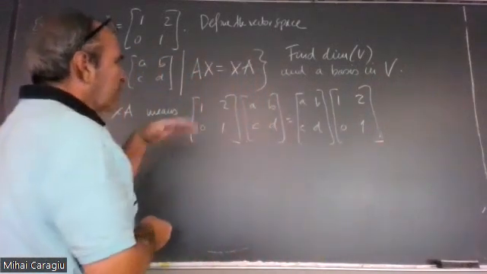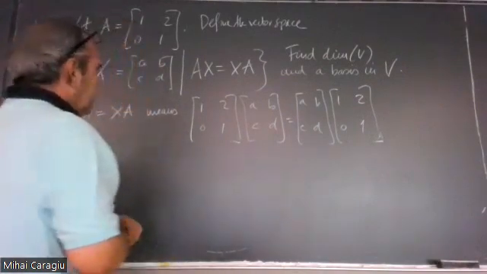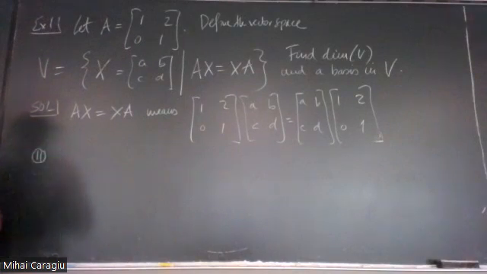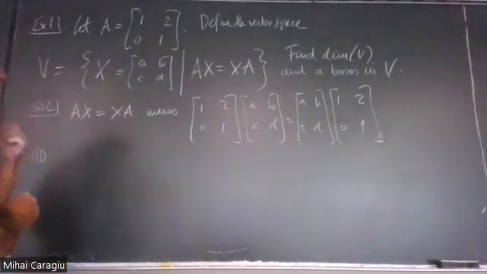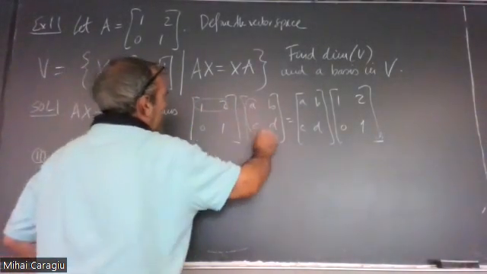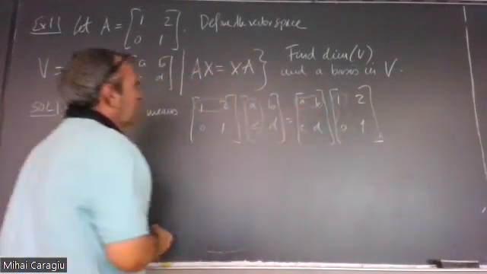Let's try to write this equality more component-wise, in other words, in detail. So what do we have on entry 1, 1? Let's mark the equations according to the entry. On entry 1, 1, first row, first column. So what does it mean?